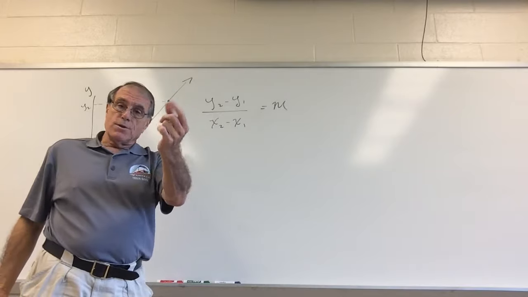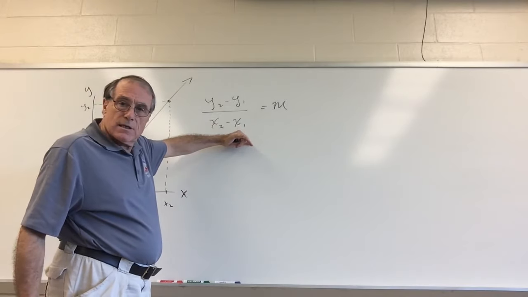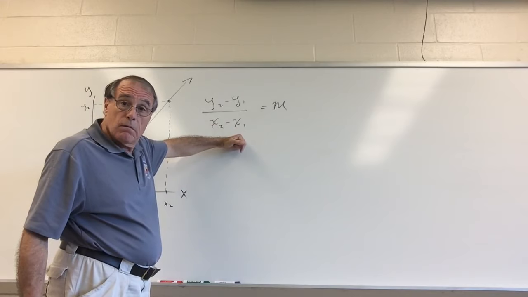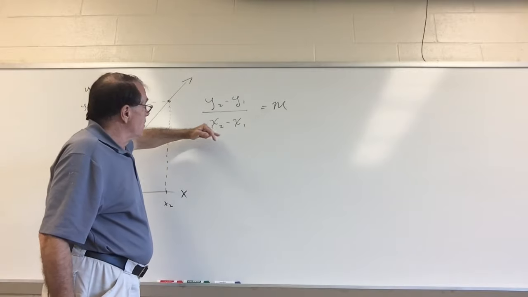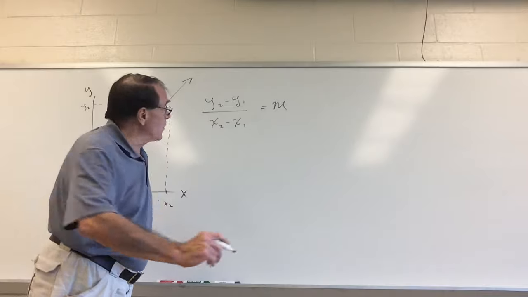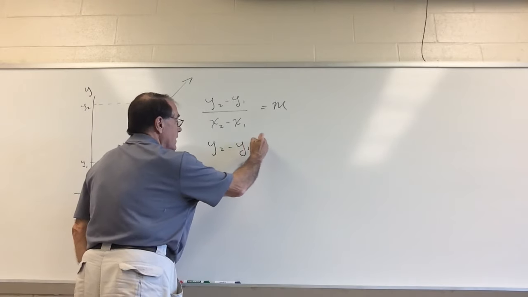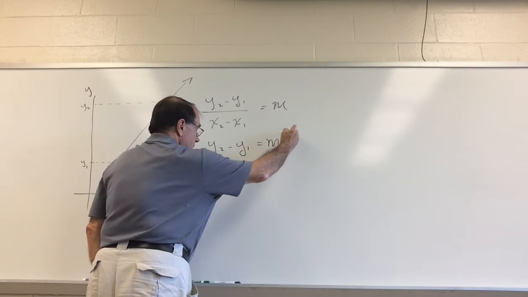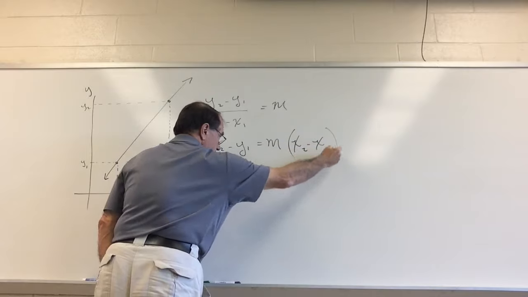Now, assuming x sub 2 minus x sub 1 is not 0, this expression is defined, and I will multiply both sides by the change in x. So when I do, I have y sub 2 minus y sub 1 is equal to the slope m times x sub 2 minus x sub 1.